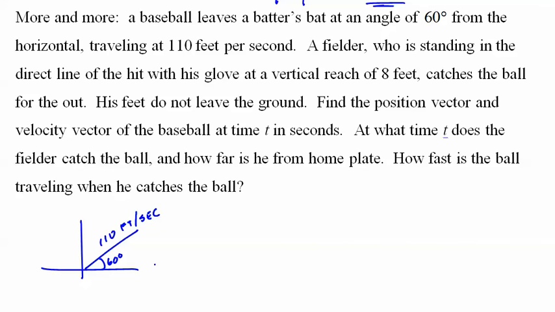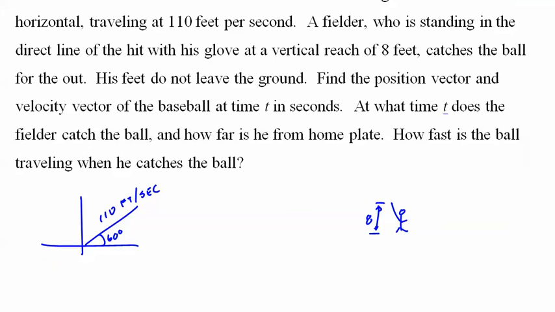And a fielder standing in the direct line of the hit with his glove at a vertical reach of 8 feet catches the ball for the out. His feet do not leave the ground. Find the position vector and the velocity vector of the ball at time t.